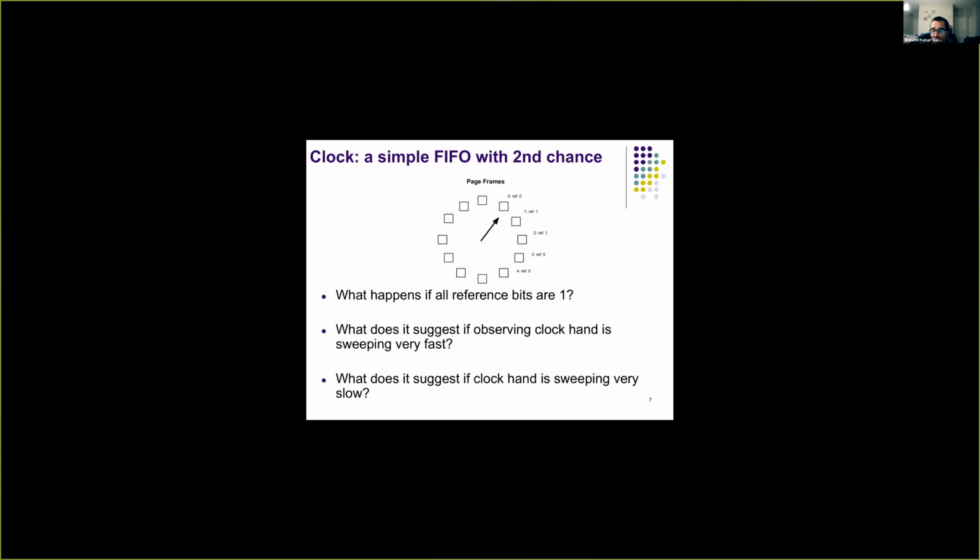Basically, most of the physical pages are heavily used, because if a page is heavily used, that is, if the reference bit is 1, that is when we move the clock hand. So a fast-moving clock hand indicates high memory pressure, and a slow-moving clock hand indicates that the memory pressure is low. Okay. So in the next part, we will look into more interesting page replacement algorithms.